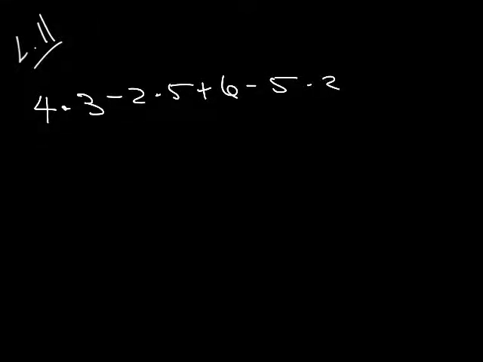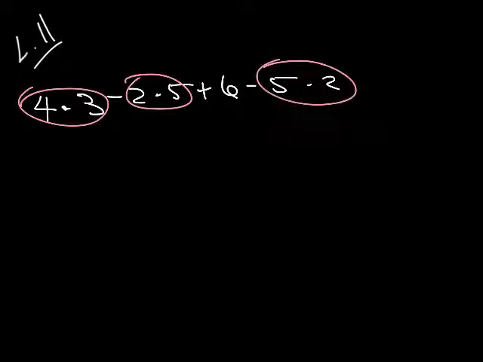So for 11.3, we get 4 times 3 minus 2 times 5 plus 6 minus 5 times 2. So let's do our multiplication first. We get a completely wrong answer if we don't.